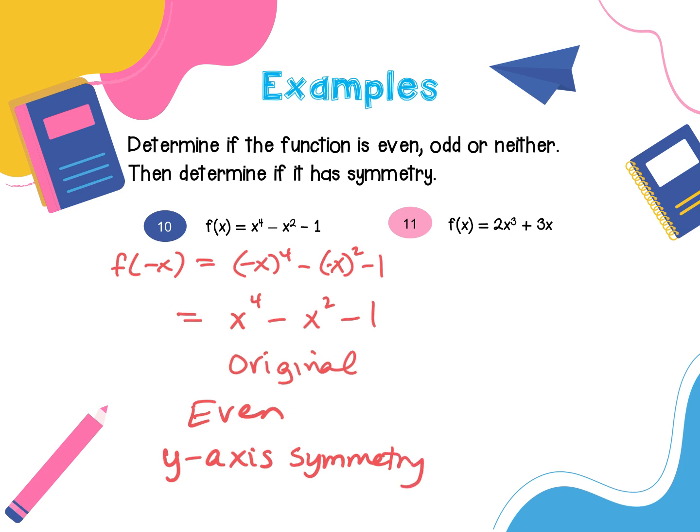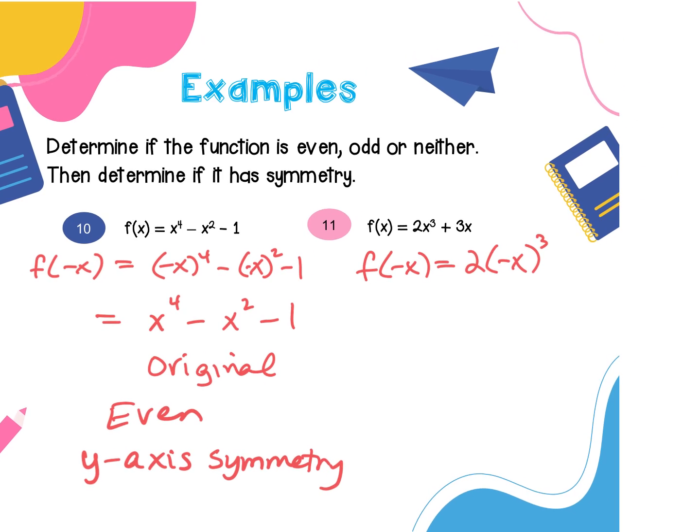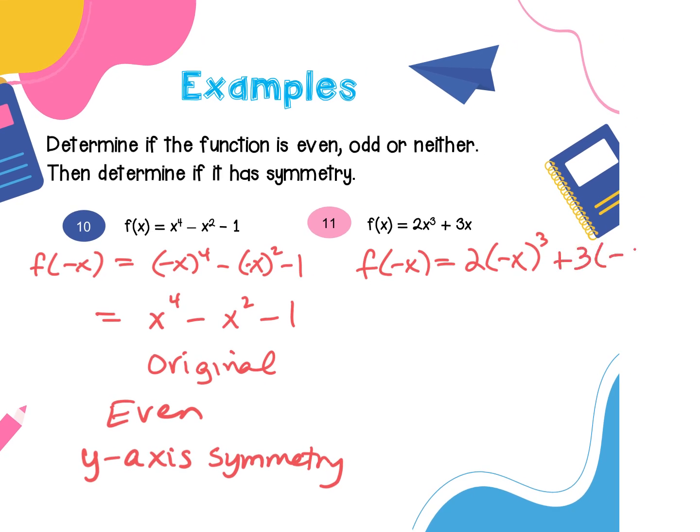Let's try this last one on this one, and then we'll move on to the next part, which is finding the zeros. So again, I'm going to plug in a negative x, and we're going to cube it. And again, raised to an odd power, this will become a negative x cubed.